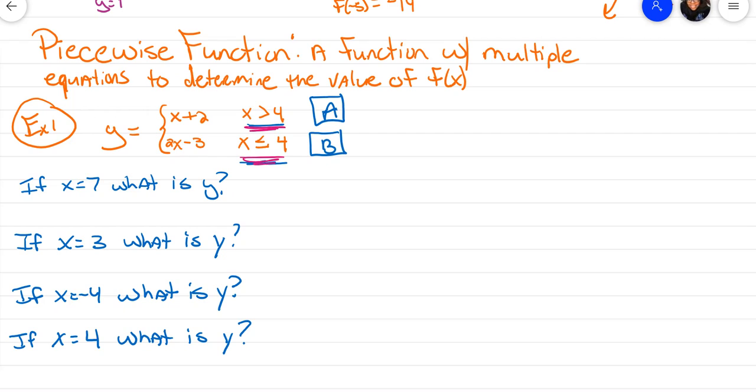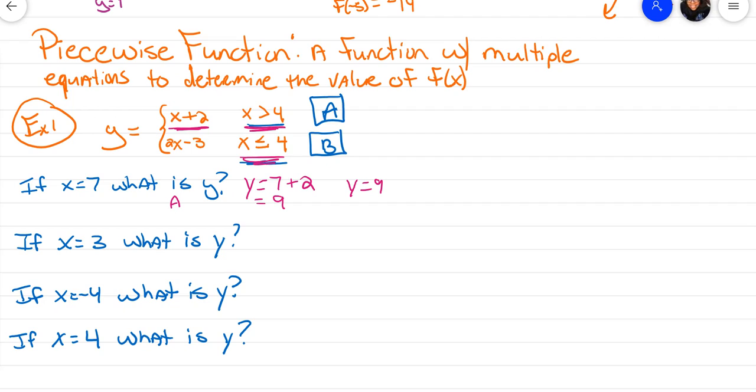So 7 is greater than 4, which means I should be using A. So I'm going to use this equation: y equals 7 plus 2. So in this case, we get 9. Again, since it's greater than 4, I use the top equation.